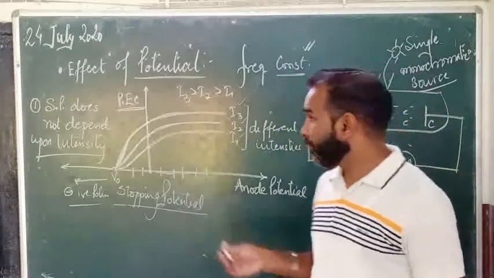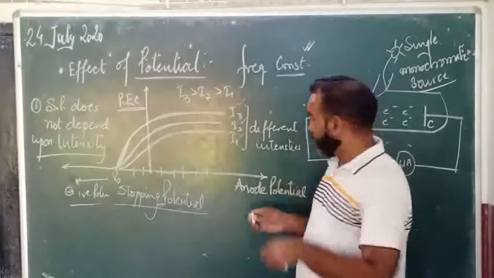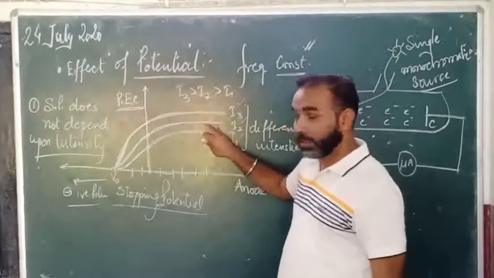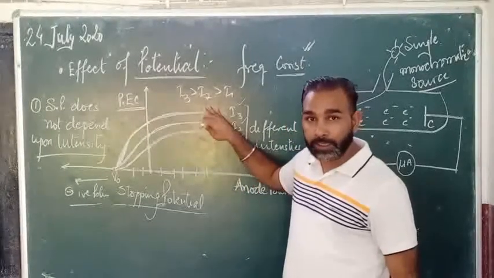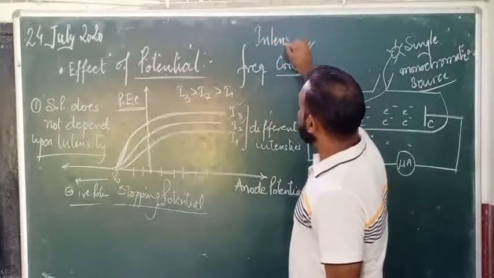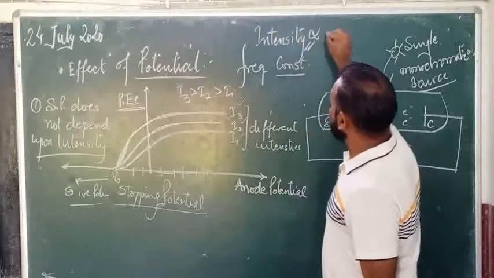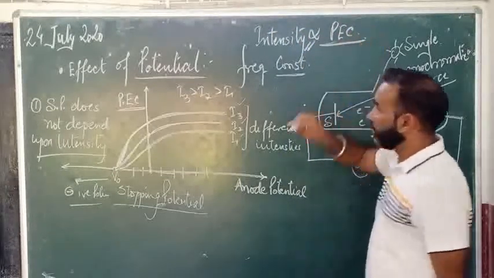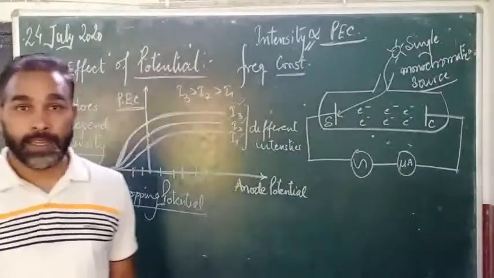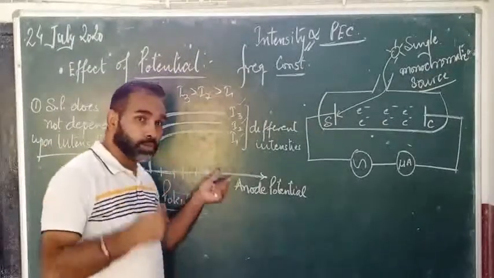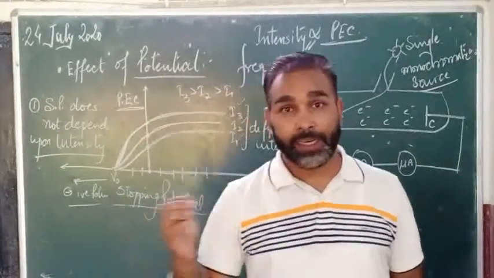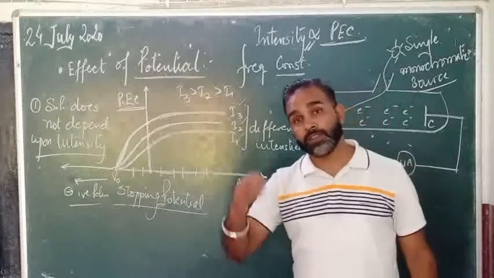Right now, from this experiment they explain that intensity affects the electric current. इंटेंसिटी बढ़ी, फोटो इलेक्ट्रिक करंट बढ़ गया। तो इंटेंसिटी इज डायरेक्टली प्रोपोर्शनल टू फोटो इलेक्ट्रिक करंट। Here also it is explained, but from here one more thing we got: stopping potential does not depend upon the intensity, it depends upon the frequency of the light.